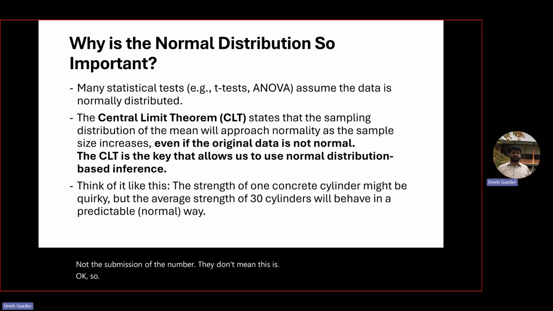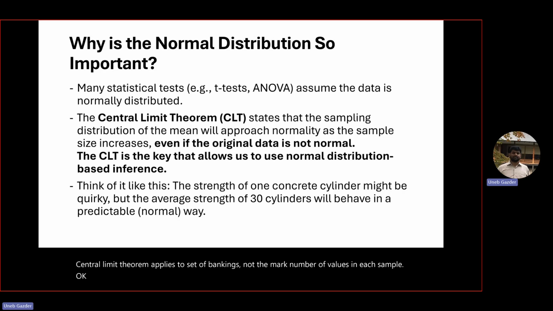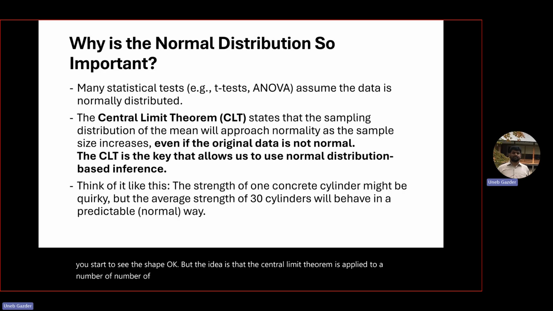Central limit theorem applies to sets of values, not the number of values in each sample. Obviously, if you keep on increasing the number of values, then even in one sample you start to see the shape. But the idea is that the central limit theorem is applied to a number of samples, or a number of sets of samples.